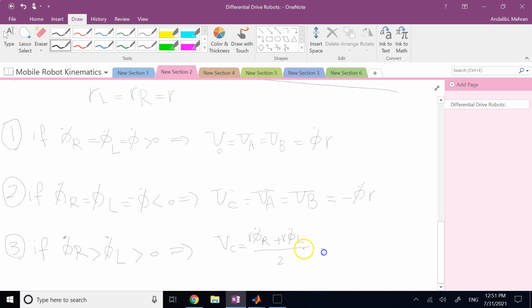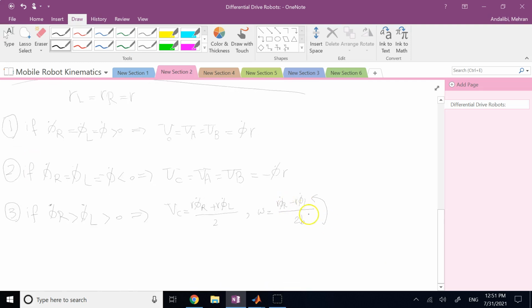And omega, which is the subtraction of the two divided by 2b, this is going to be counterclockwise. So it is going to be r phi dot r minus r phi dot l divided by 2b. Right? The robot is going to turn left, basically.